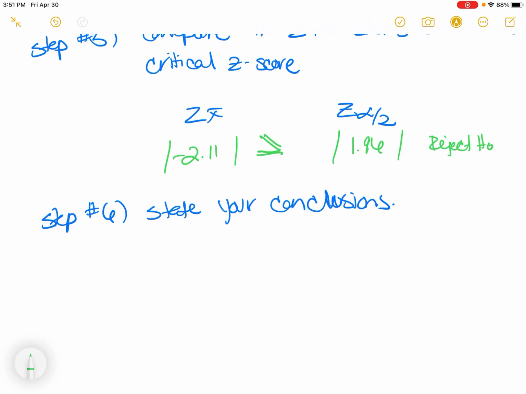So in stating my conclusions, since I'm rejecting H naught, I can say that the average amount of time spent looking at a web page is not equal to 56 seconds.